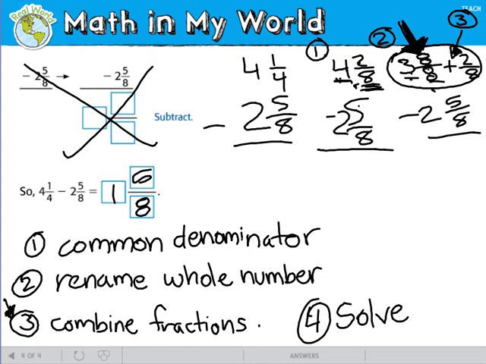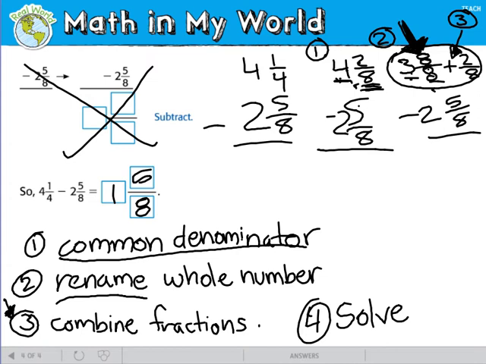Remember, when we're renaming, the fraction is going to have, what are we going to use for a denominator for that fraction when we rename it? How are we going to decide what to use? Whatever the common denominator is, that's what we're going to use to make that fraction a whole number, 1 whole.